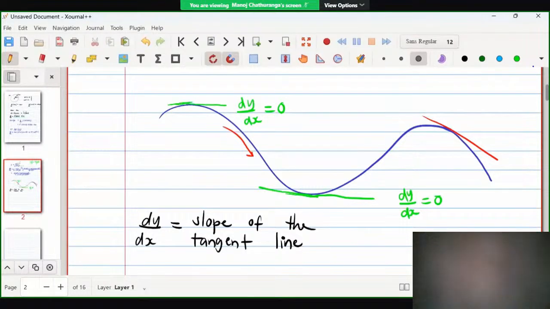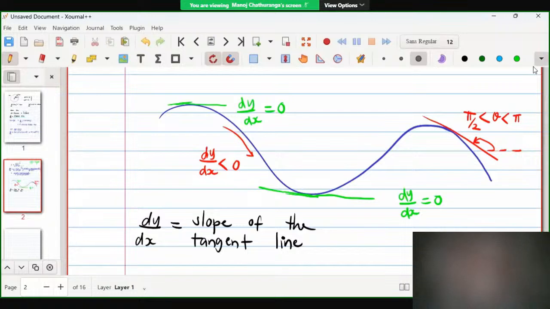The angle between the positive x-axis and this line segment is an obtuse angle. As a result, the slope of the line is negative. So when the function is decreasing, the derivative is negative.